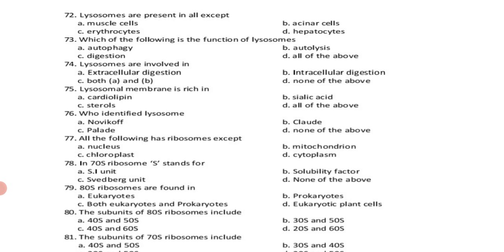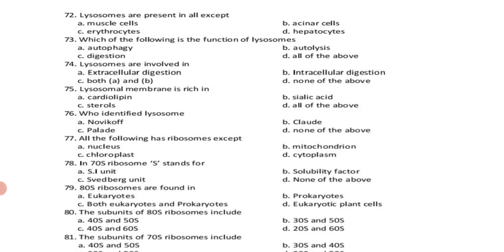Lysosome contains a wide variety of hydrolytic enzymes including nucleases, phospholipases, phosphatases, proteases and lipases. So option B, that is sialic acid, is the answer of question number 75. Lysosomal membrane is rich in sialic acid.